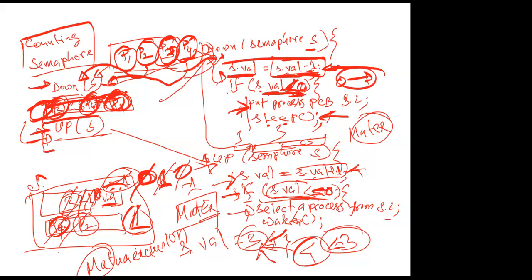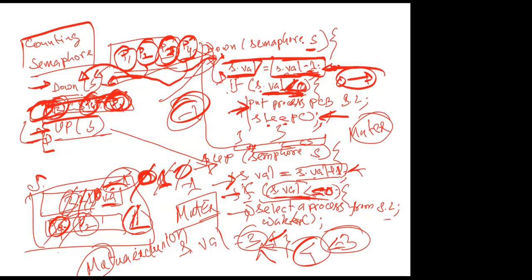When the value becomes negative, like -1, it means there is no spot for entering. So when a process calls this down function and makes s.value -1, the process should wait inside this list.